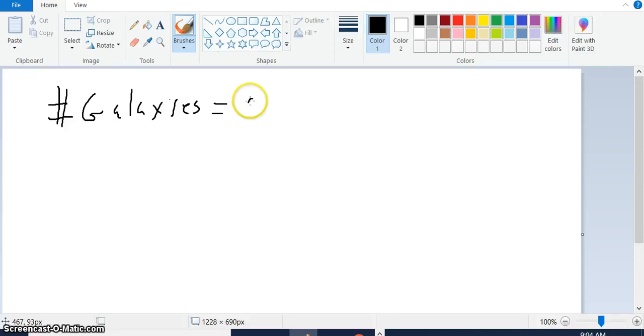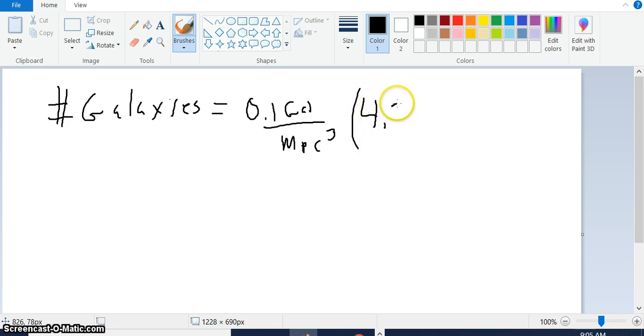So it's going to be 0.1 Milky Way galaxies per megaparsec cubed, times, remember that number, I'm going to round it to 4.2 times 10 to the ninth, which is the volume we got, megaparsecs cubed. Notice the megaparsecs cubed in the denominator cancels the megaparsecs cubed in the numerator.